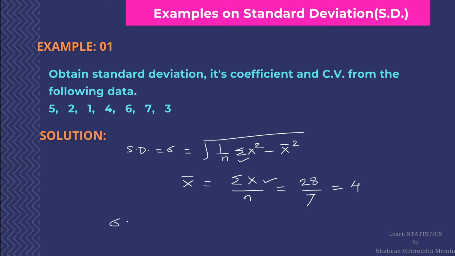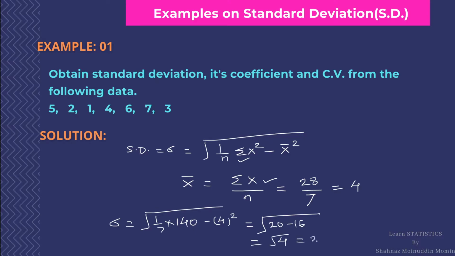Now sigma is equal to under root 1 upon 7 into 140 minus 4 square, which is equal to under root 20 minus 16, that is equal to root 4, and it is equal to 2. Hence the value of standard deviation is equal to 2.